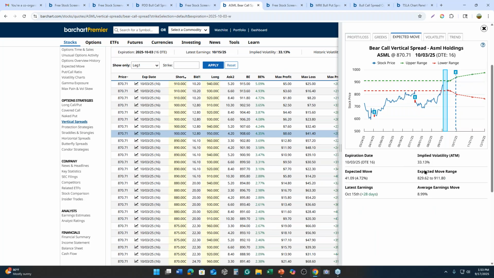Notice that for the timeline that we picked here, the expected move says that even if the market continues to move, the market price volatility, pricing and volatility, the expected move is only $910, $911. So this is a good sign that this strike combination is a good one, because if we get a 100% expected move, we're just getting to our lower strike.